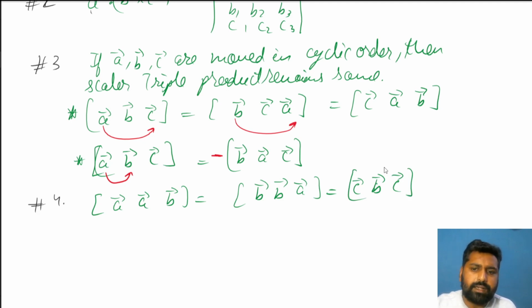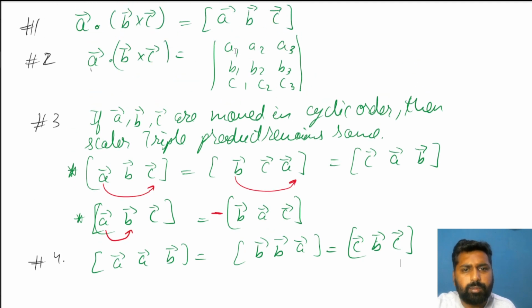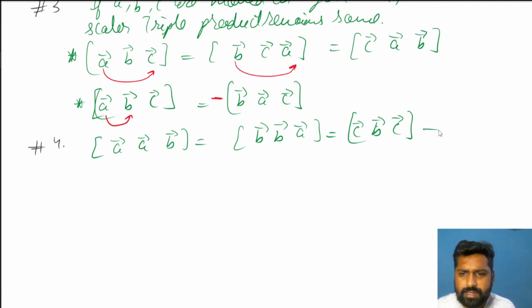The point is that in the determinant you will get two rows the same, and if you get two rows the same, the determinant is always 0. So if two vectors are the same in a scalar triple product, the result is 0.